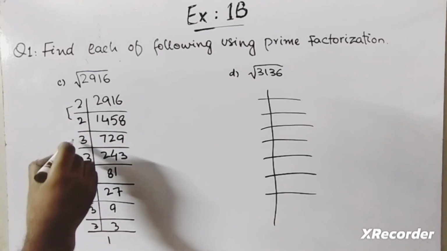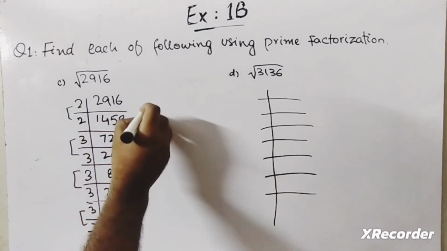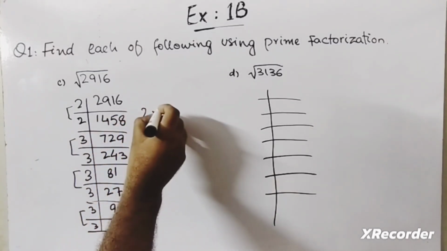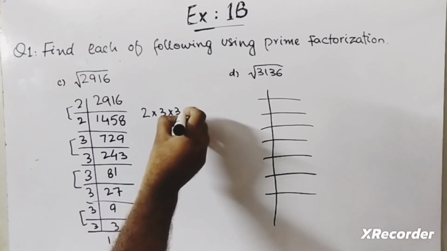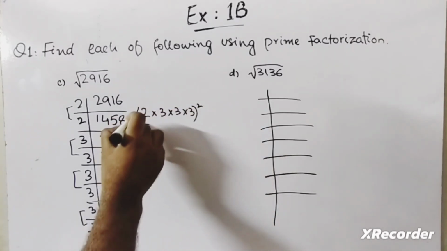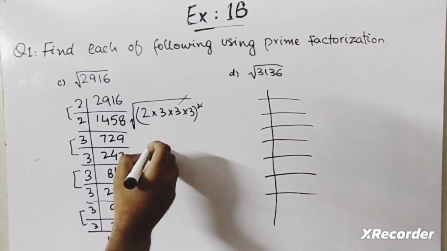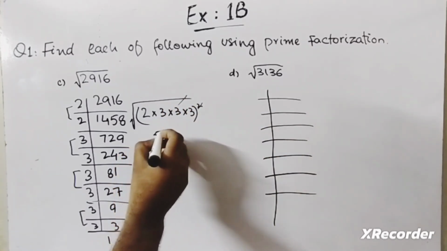So we can group it with pairs, and we can write it 2 times 3 times 3 times 3. So we can cut out the square root with the square, and we get 54.